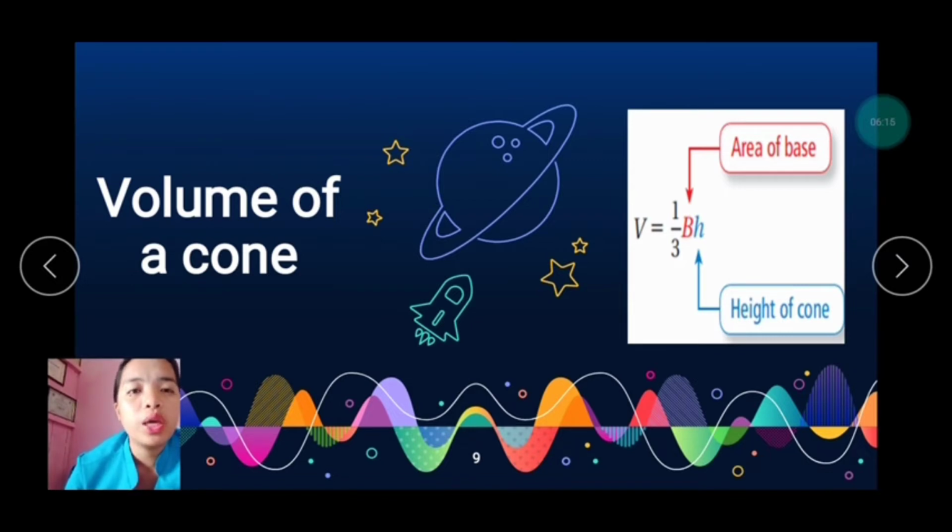It's all the same with the volume of a cone, class. So, ang volume sa cone, parehas lang gihapon ang iyahang formula: 1/3 times B, the area of the base, and the height of the cone.